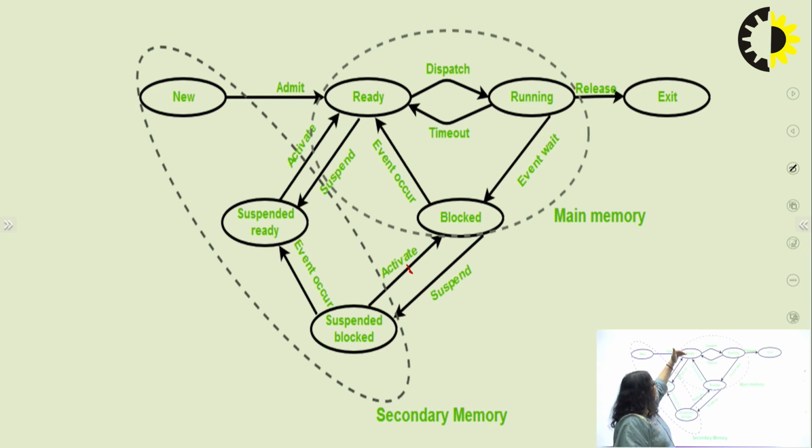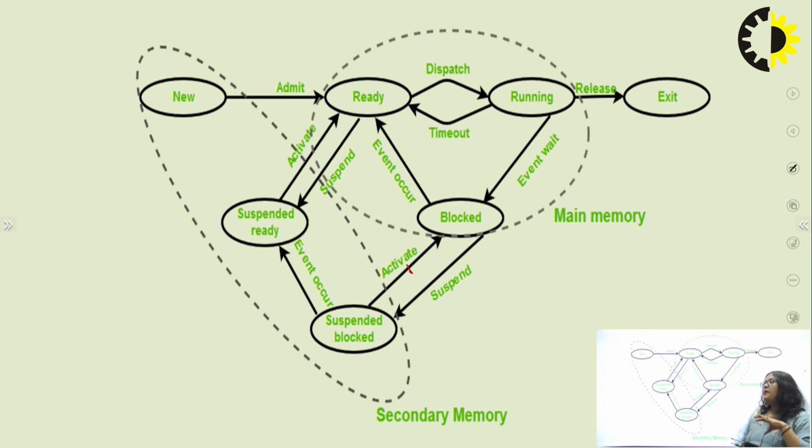So, when the process moves from the suspended block to suspended ready, then from suspended ready to ready, at this state the process again requests the processor in the ready state. When the process resides in the ready state, it is easily dispatched by the dispatching process from ready to the running state.